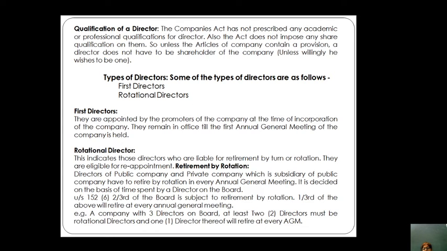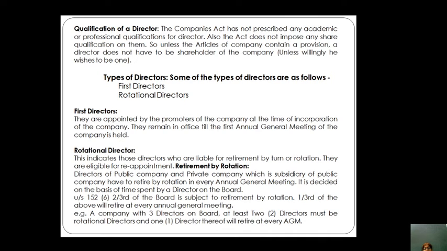But in case of retirement, two-thirds of the board is subject to retirement by rotation. This is only the case of rotational directors or retirement by rotation. One-third of the above will retire at every annual general meeting. So by default they will retire. How many? One-third of the total number of directors on the board of the company.